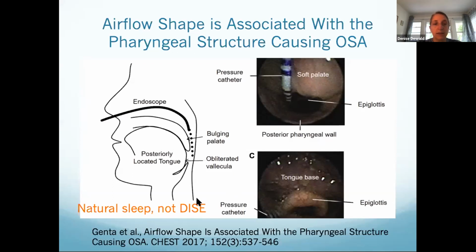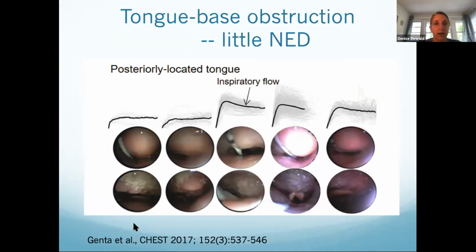And this is a study where they used natural sleep. So this wasn't a drug-induced sleep endoscopy, it was natural sleep, but it's a similar technology. And what they found is that the shape of the flow signal, this is using a tachometer, was reflective of what anatomic structure was prolapsing into the airway.